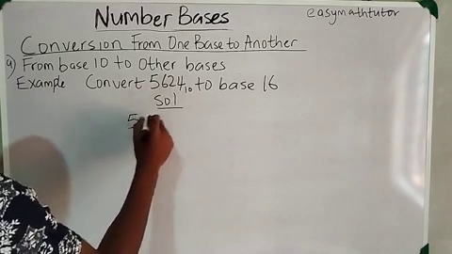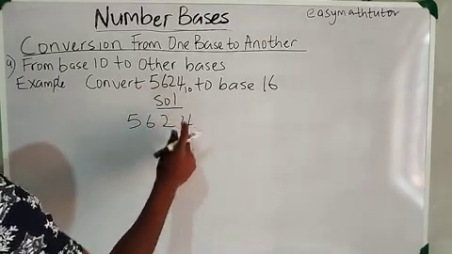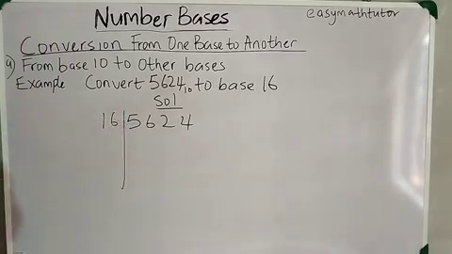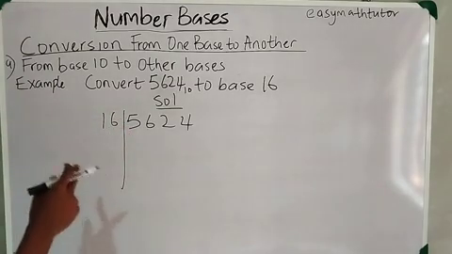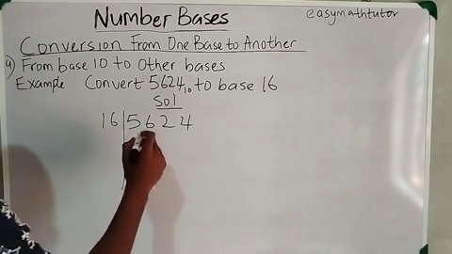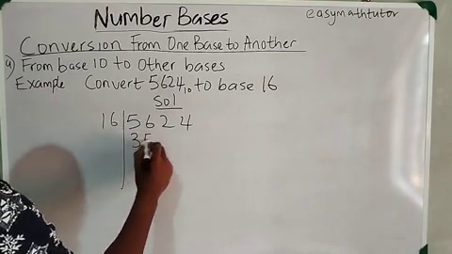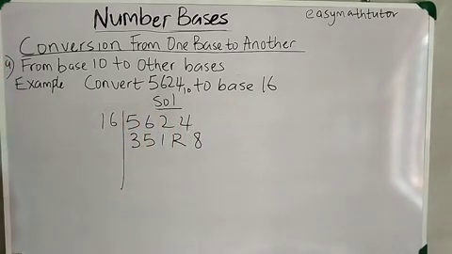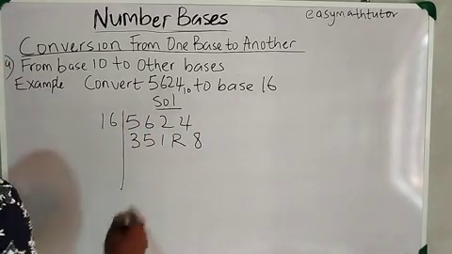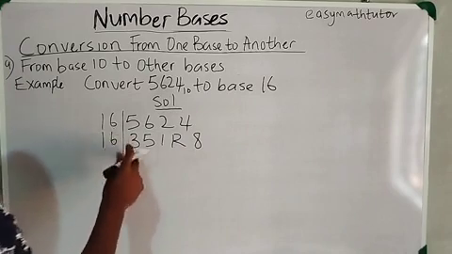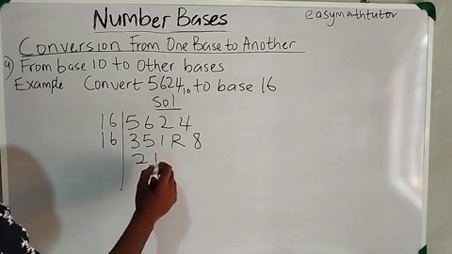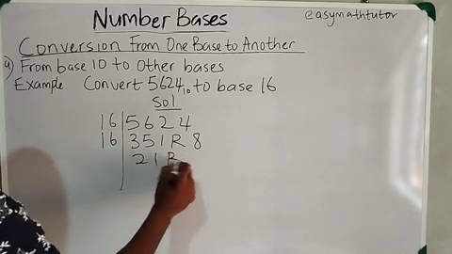So 5624 is going to be divided by the new base, which is 16. When you divide 5624 by 16, you are going to have 351 with a remainder of 8. We keep dividing until we get to 0. So 351 divided by 16 is going to give us 21, remainder 15.